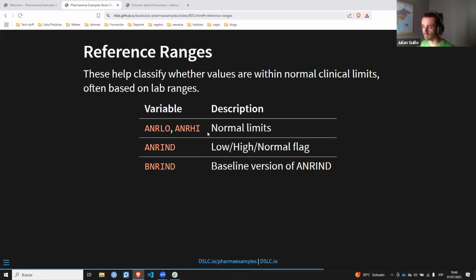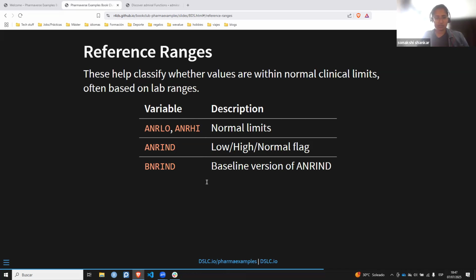Okay, I don't remember this slide right now. So yeah, these are lab values. If you have lab values, you have a reference range. The lower range is stored in analysis reference lower and analysis reference higher, that's the higher end of the range.